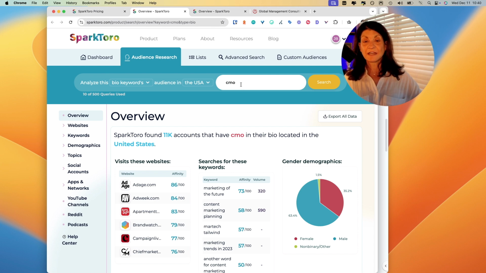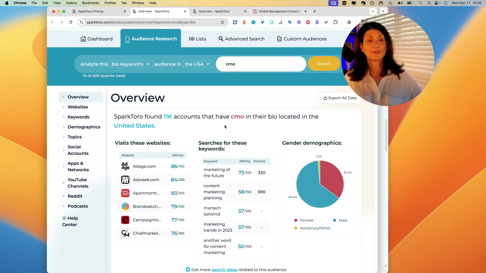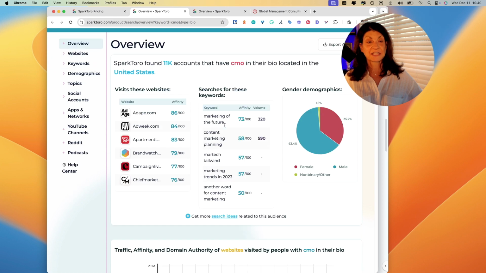This is data pulled in from LinkedIn to really uncover and understand who the audience is. There are other social platforms it's pulled from as well, but LinkedIn is one of the platforms for sure. SparkToro found 11,000 accounts with CMO in their bio located in the United States.